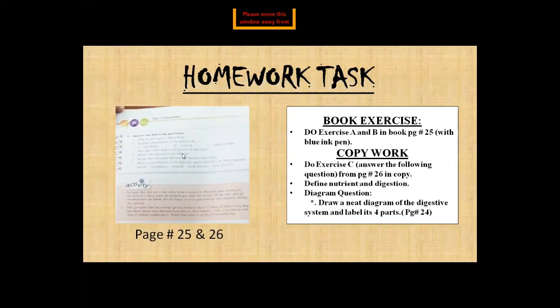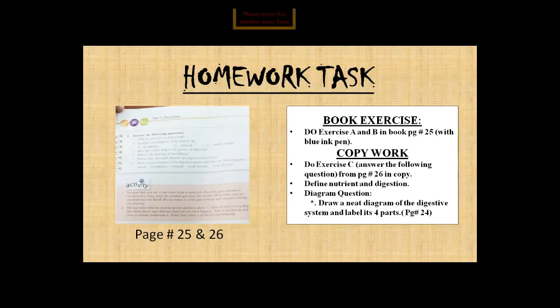Yes, this is your homework. Book exercise: do exercise A and B on page number 25 with a blue ink pen. And what are exercises A and B?